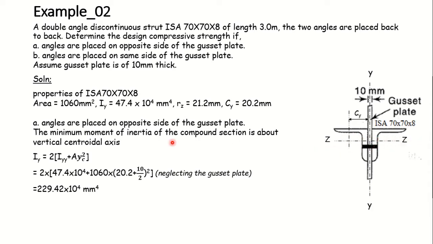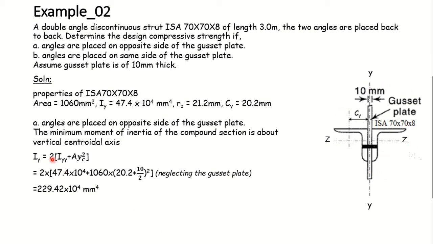For the moment of inertia about this vertical y-axis, we need to apply the parallel axis theorem. Since there are two angle sections, we'll determine the moment of inertia of one angle about this vertical axis, then multiply that by 2 to get the moment of inertia of the entire compound section.